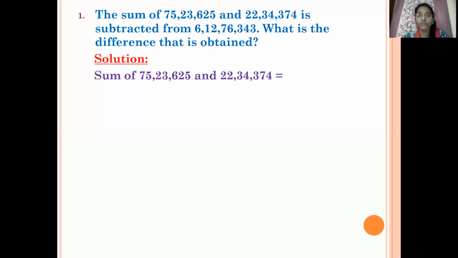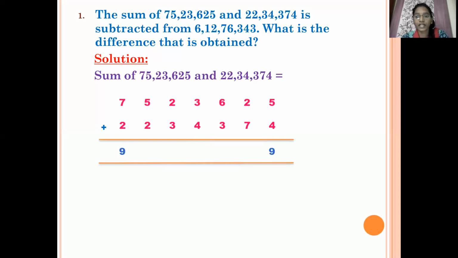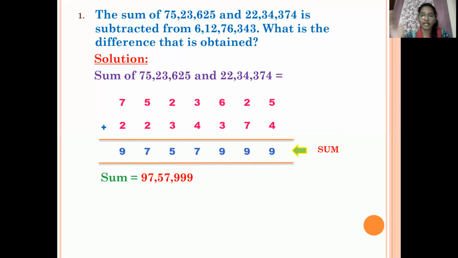So the sum of 75,23,625 and 22,34,374, you're going to add them. You will arrange in columns. You'll start adding from the ones place, then to tens, hundreds, and so on. So you got the sum of the first two large numbers.